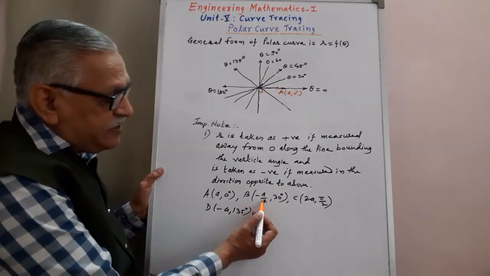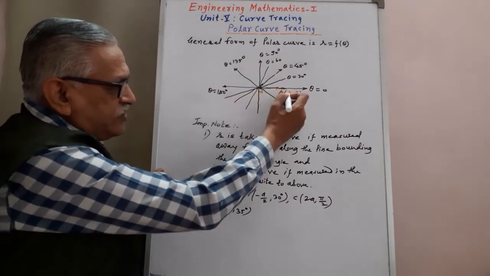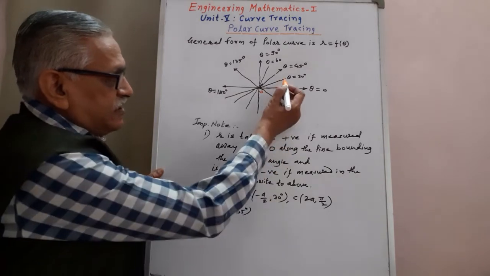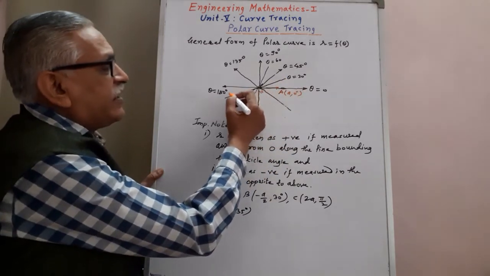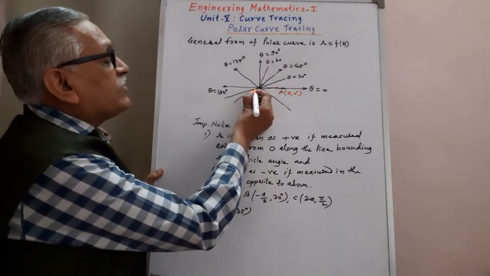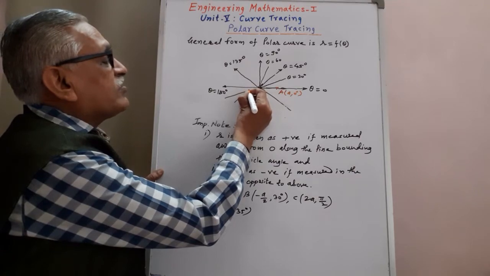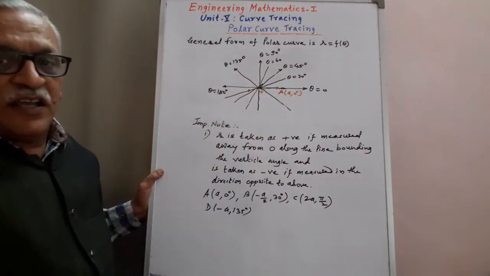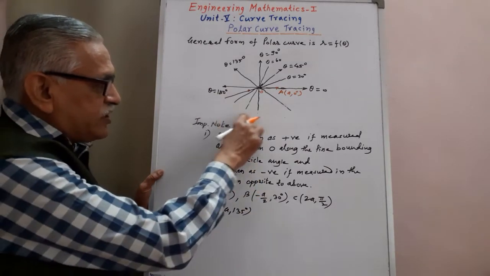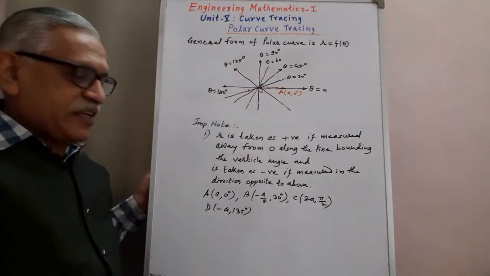As r is negative, we plot it on the lower side of the initial line, on the line theta equals 30 degree, at a distance of half of a. If r is positive, we plot it on the upper side.